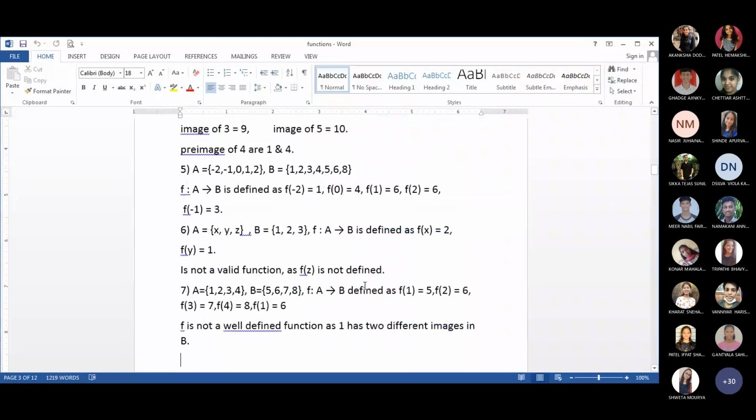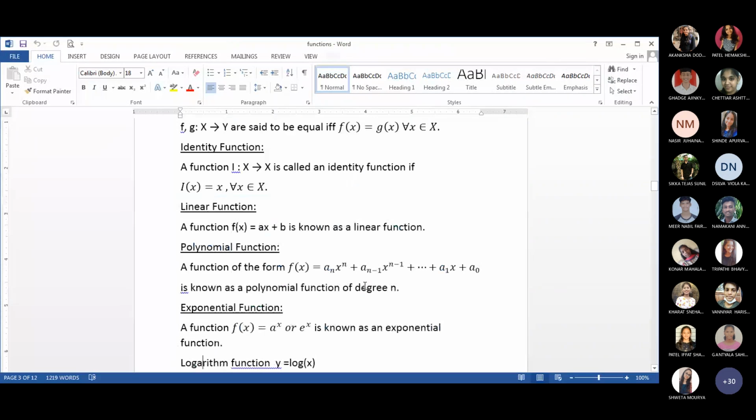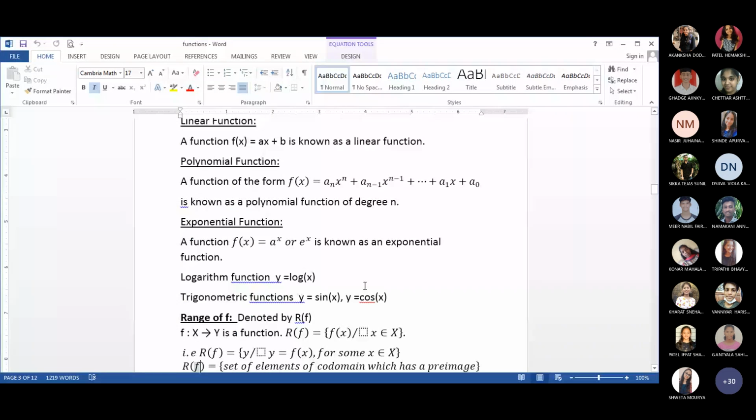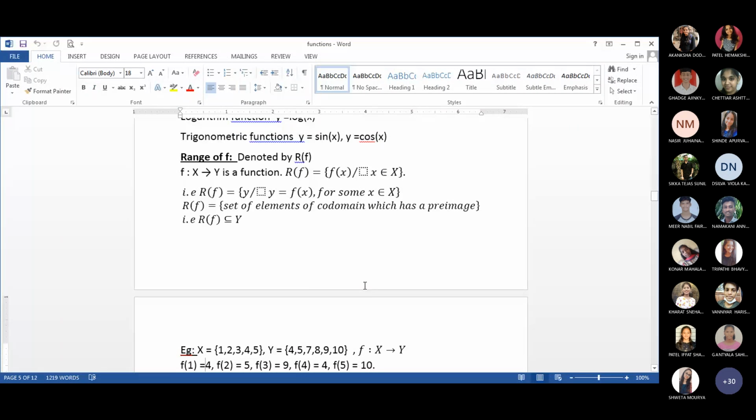Now when we talk about one-to-one function, that is injective function, and surjective function, before that I would like to revise what we have discussed about the range of the function. See, if f is a function from x to y, then the range of the function is the set of all y's belonging to the codomain such that y equals f of x for some x belonging to the domain.